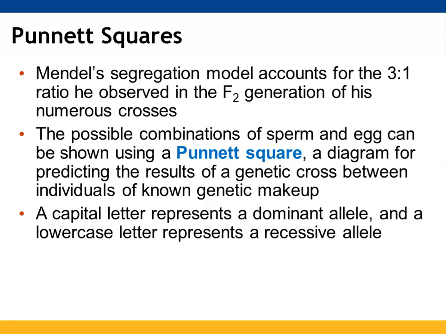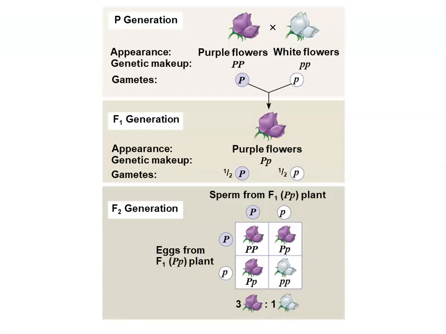When we use lowercase letters, we're dealing with recessive alleles. And so there you can see the Punnett square for crossing the 2 F1 plants. And you can see what the offspring would have been for F1 based on that parent generation, in that the purple flowers could only give a dominant P allele, while the white flowers could give a recessive P allele.